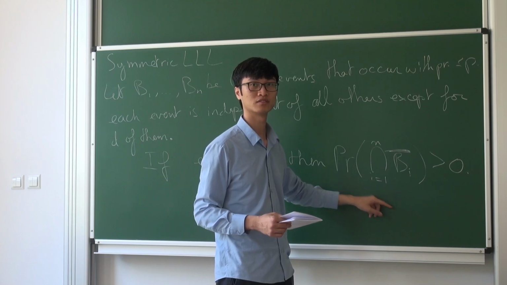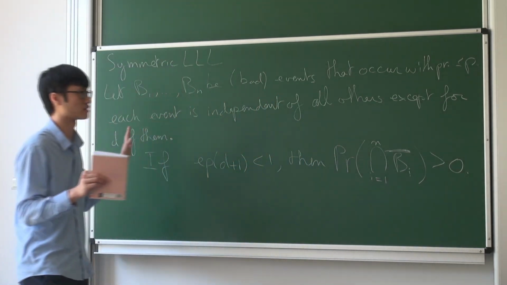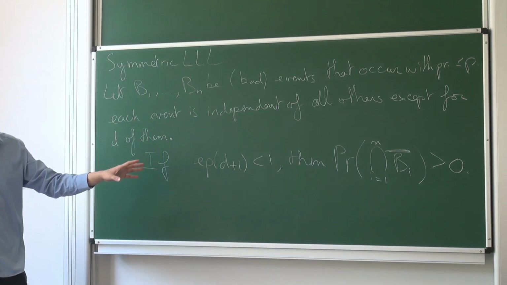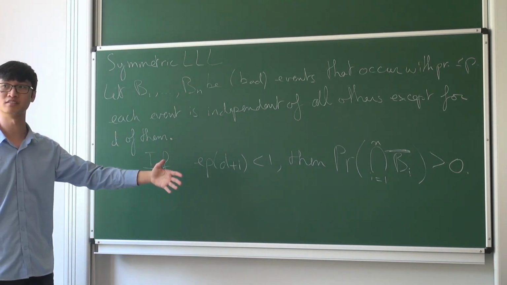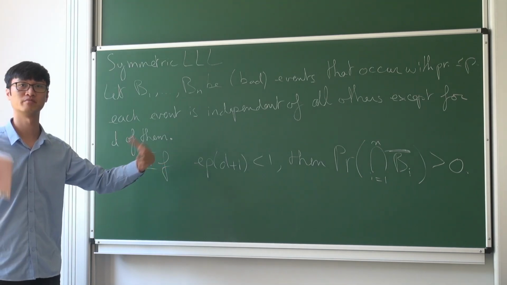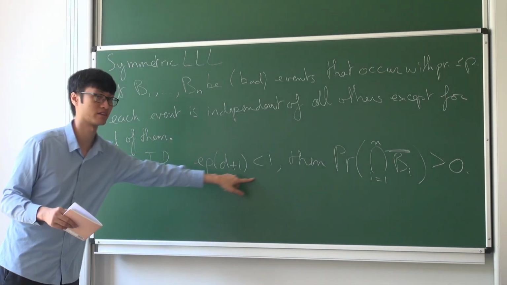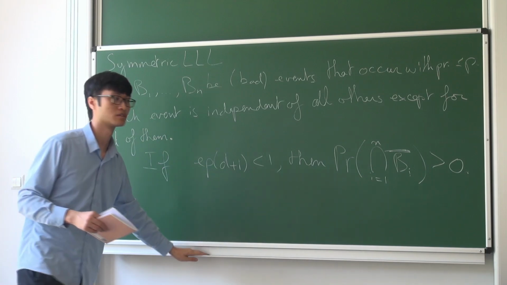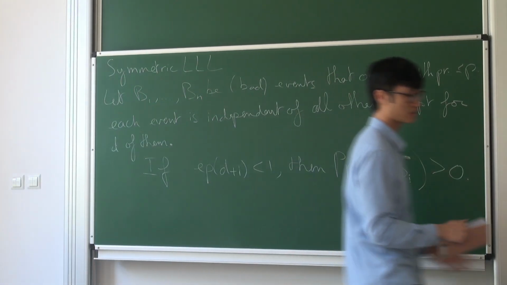So the Lovász local lemma is saying the same idea, but we allow some dependency between the events. Not too many of them, though. And this is why we have this. This is probably the version that you've seen.